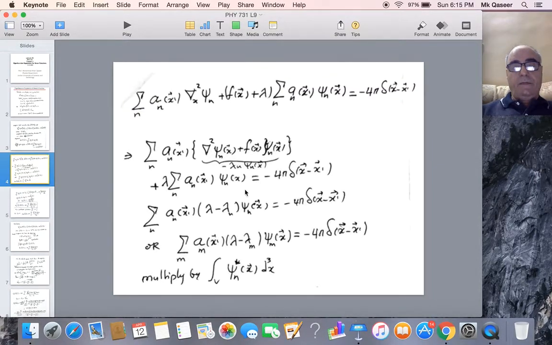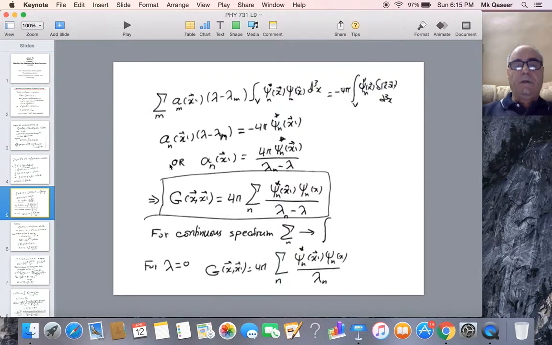Now simplify, we finally reach this expression, or change the dummy index to m, which is a sub m of x prime times lambda minus lambda m psi m equals minus 4 pi delta of x minus x prime. Now let's multiply this from the left by the integral over V of psi n star of x d3x and perform the integration.